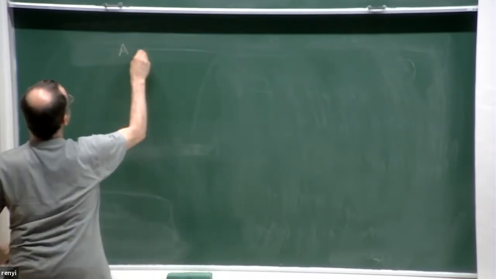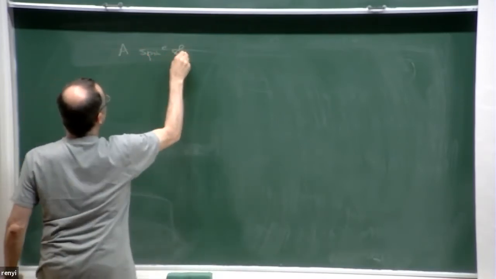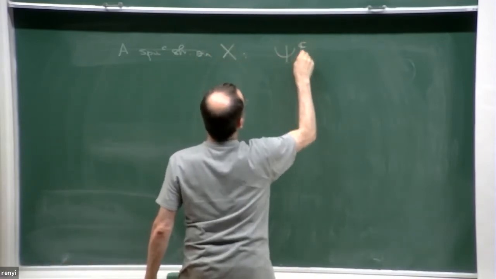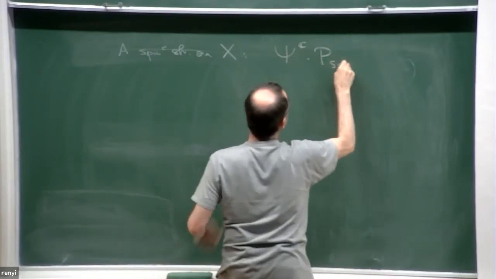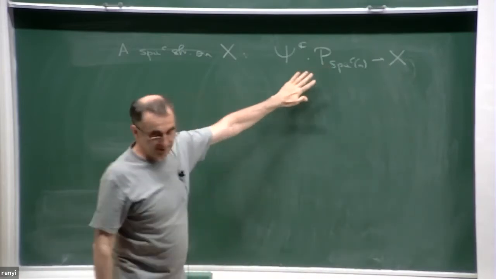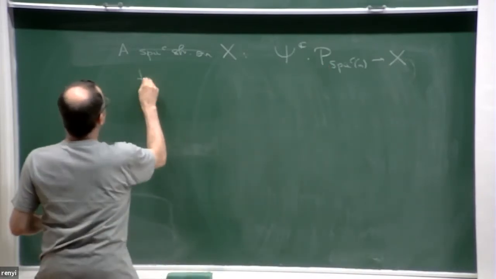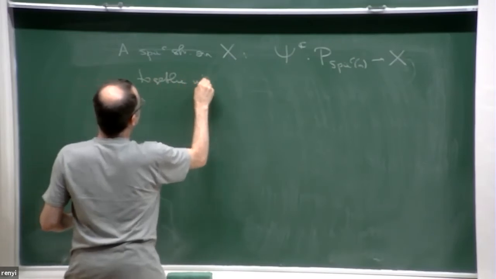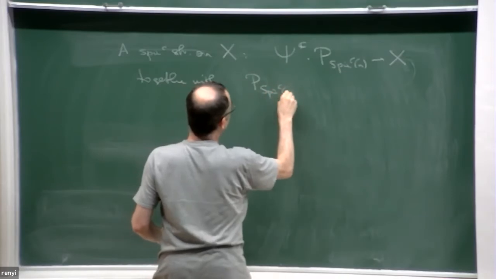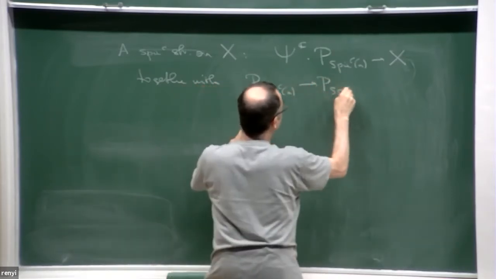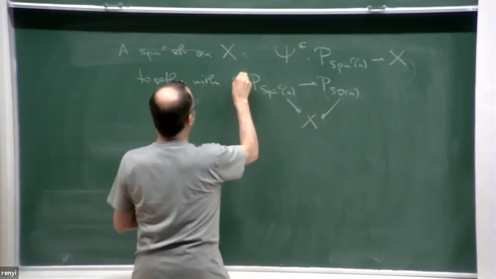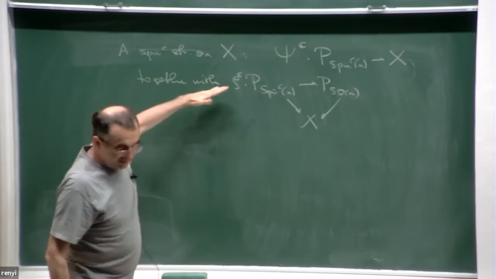So a spin C structure on X is a principal spin C n bundle together with a map, which is a bundle map, and we denote it by rho C, which is again fiber-wise.